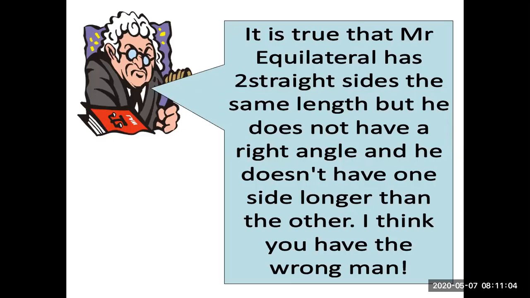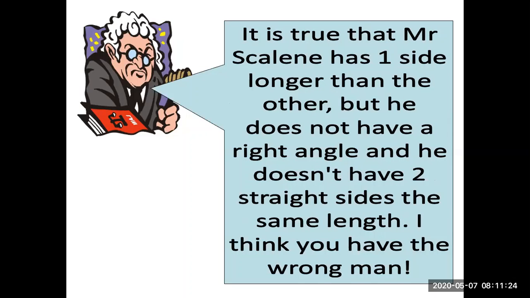It is true that Mr. Equilateral has two straight sides the same length, but he does not have a right angle, and he doesn't have one side longer than the other. I think you've got the wrong man. It is true that Mr. Scalene has one side longer than the other, but he does not have a right angle, and he doesn't have two straight sides the same length.